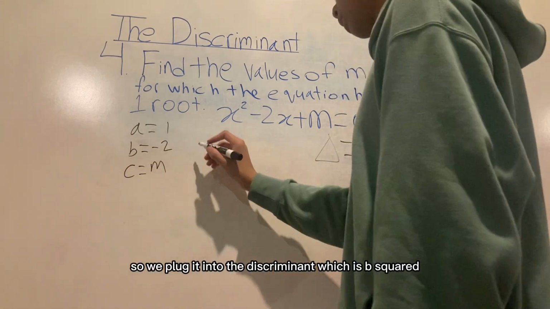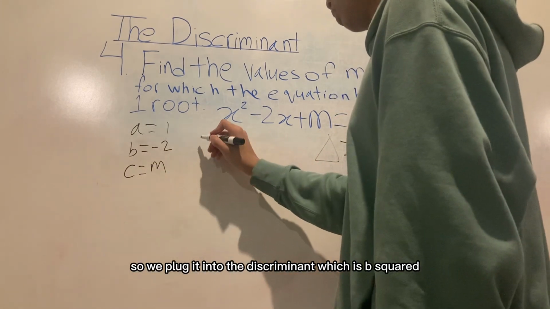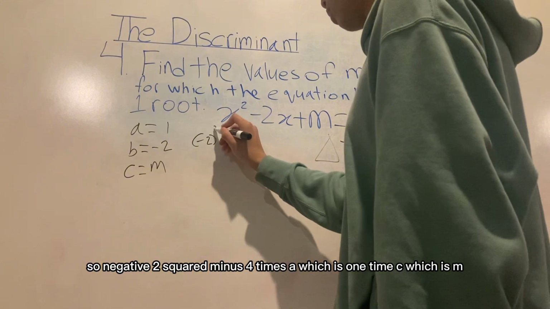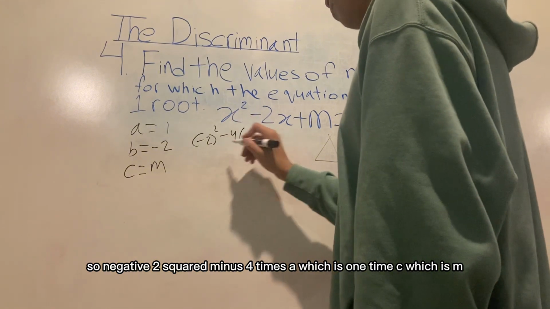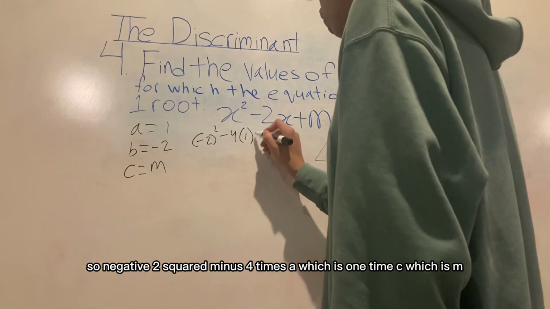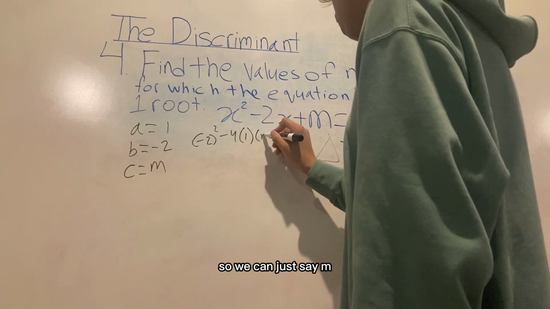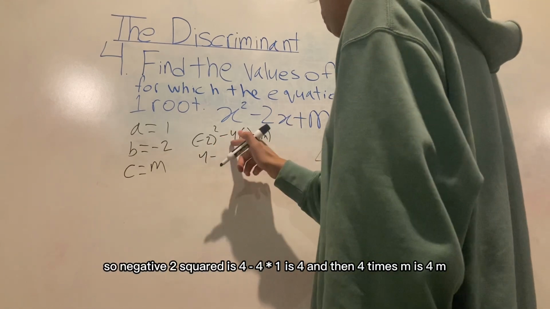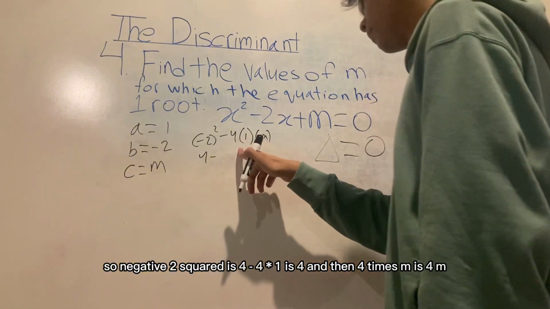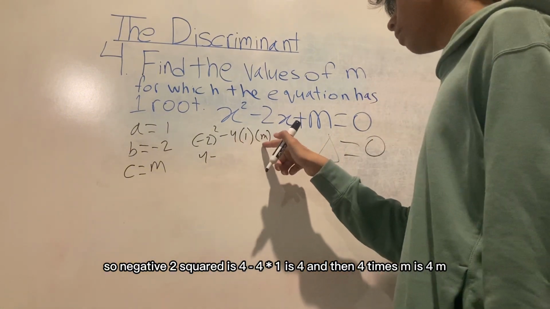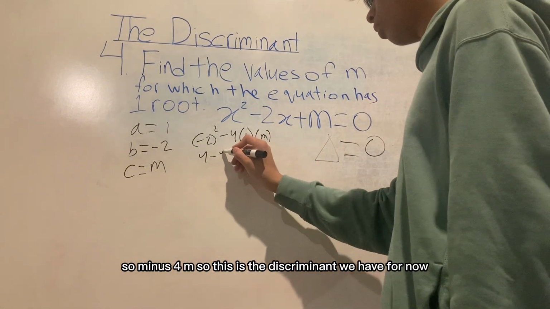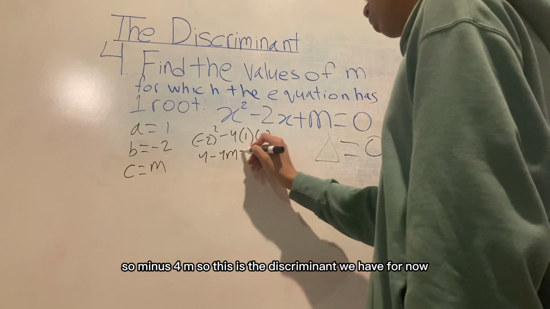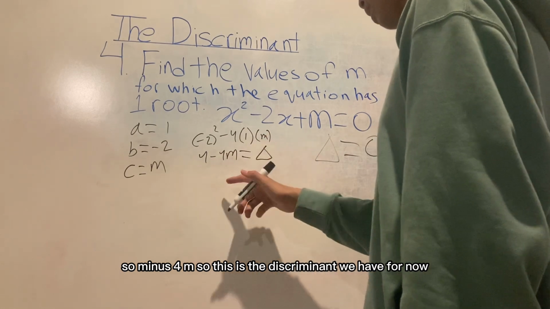We plug it into the discriminant: -2 squared minus 4 times a, which is 1, times c, which is m. So -2 squared is 4, minus 4 times 1 times m is 4m. So the discriminant is 4 minus 4m.